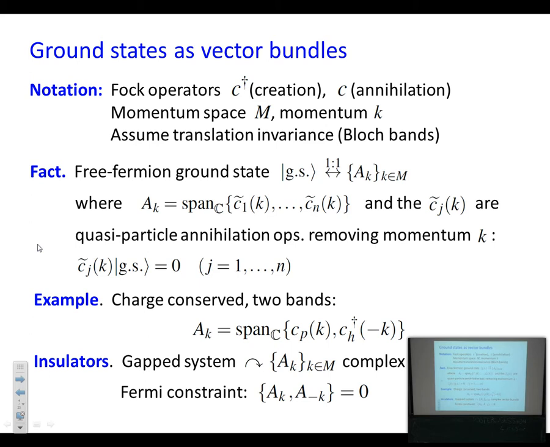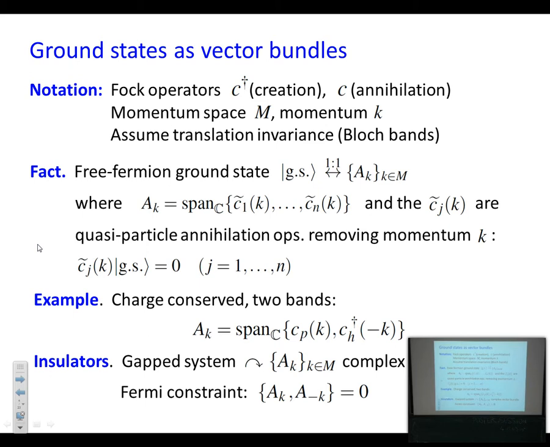If the physical system were a metal, the dependence of this annihilation space on momentum would have a discontinuity at the Fermi surface. And there would be a jump. And then the story ends here.